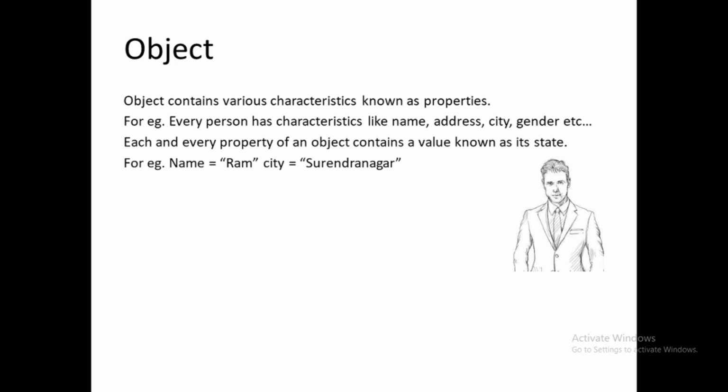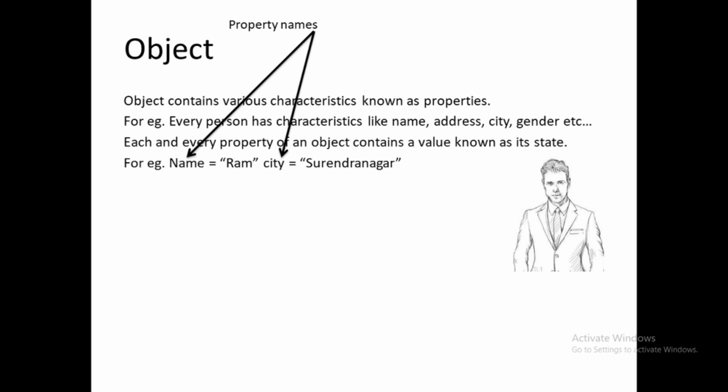Here you can see name is equal to Ram and city is equal to Surendranagar. So name and city are the names of properties, whereas Ram and Surendranagar are the values of properties. And for value you can use another word, that is state.